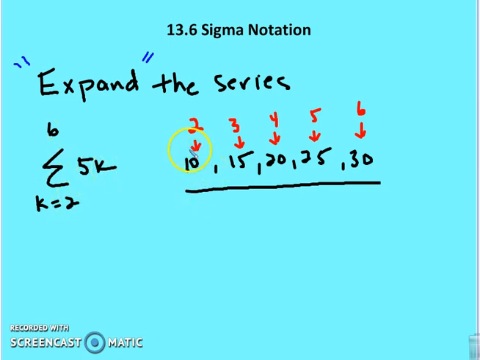So 10 would be the first part of the expansion. Input 3, output 15, input 4, output 20, input 5, output 25, input 6, output 30. So these values here, 10, 15, 20, 25, and 30, would be the expansion of this sigma notation in the series.